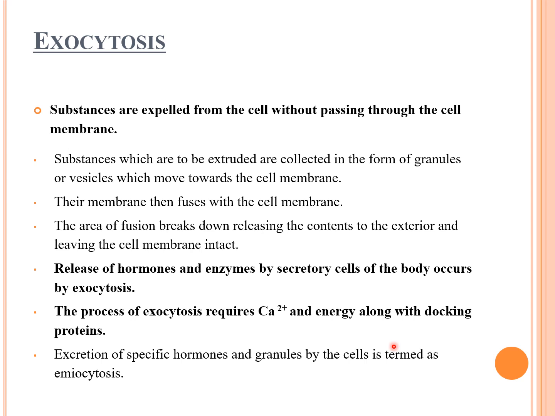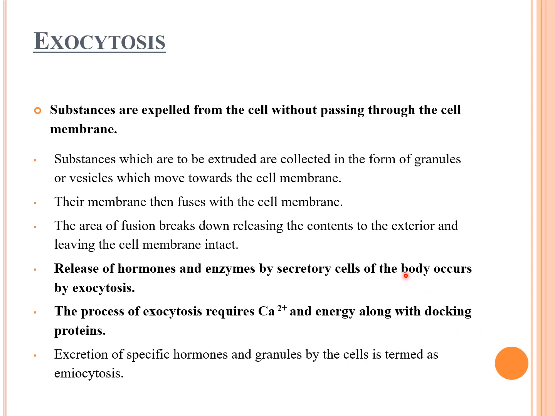The linking of these V snare and T snare proteins, like synaptobrevin and syntaxin, attaches the secretory vesicle to the presynaptic membrane, which is the axonal membrane, and this mechanism is called docking. Just remember this, we will study it with the picture when we study the neuromuscular junction.